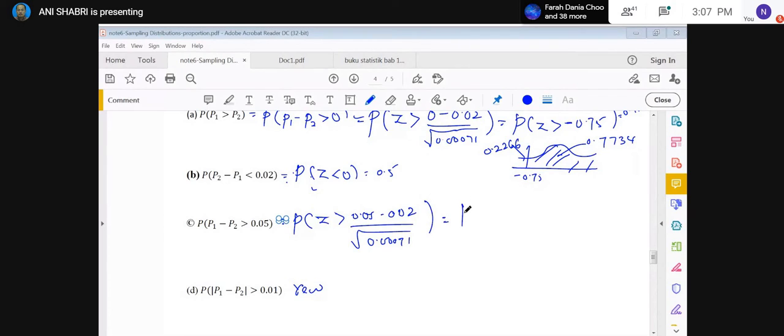It is equal P, Z greater than 1.13. Okay, 1.13, tengok buku situ kita dapat ni, 1.13 greater, it is equal 0.1292. Okay.